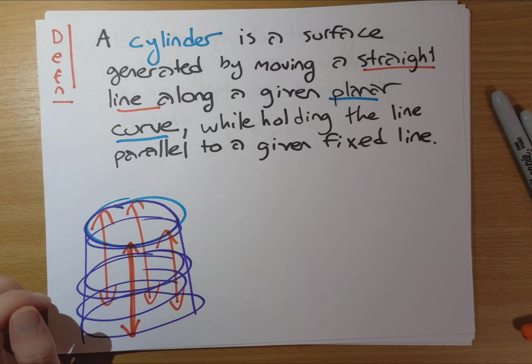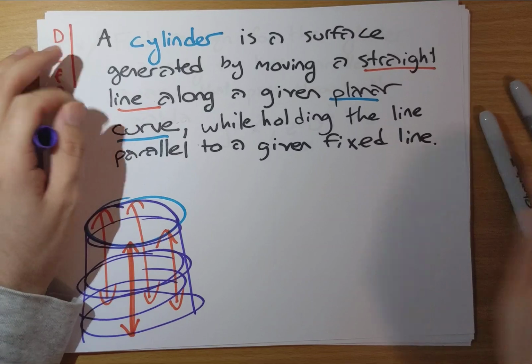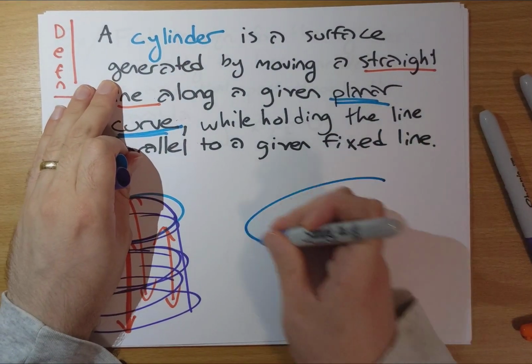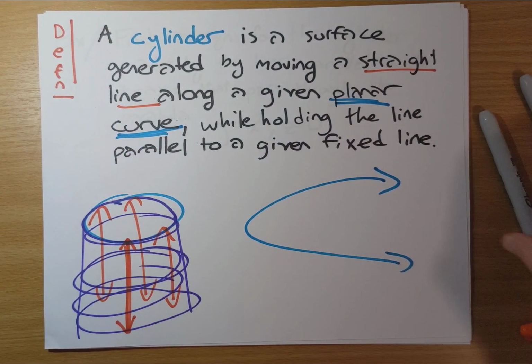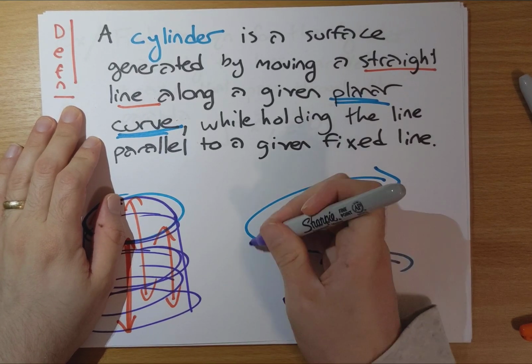For instance, it doesn't have to look like this. We can say our planar curve is going to be a parabola. Here's our fixed line.